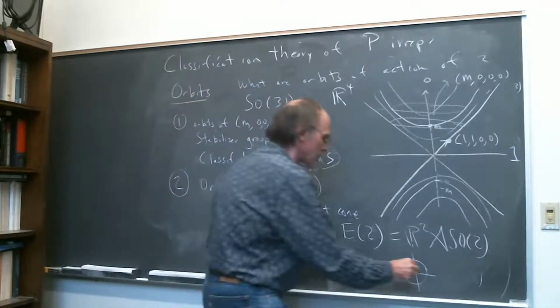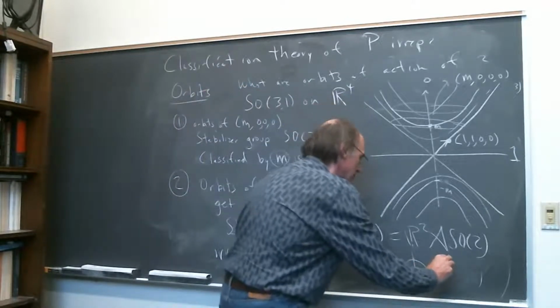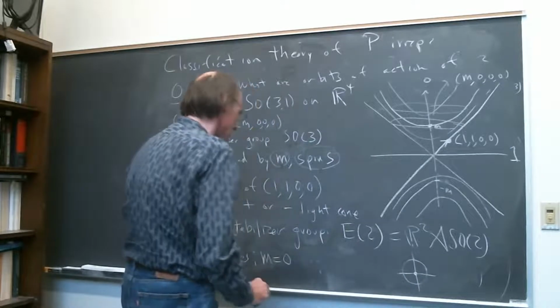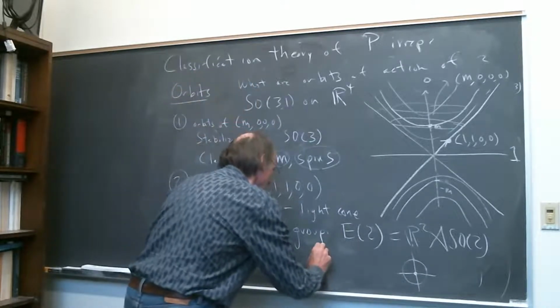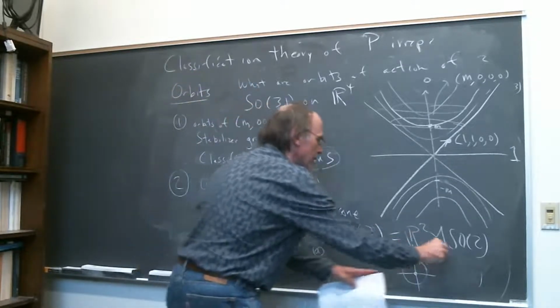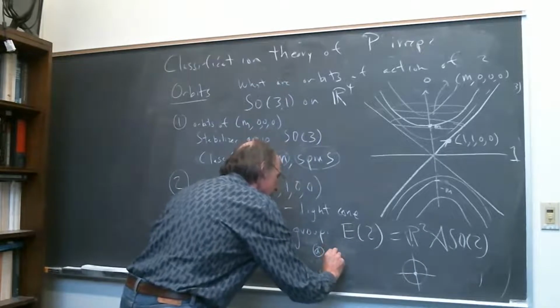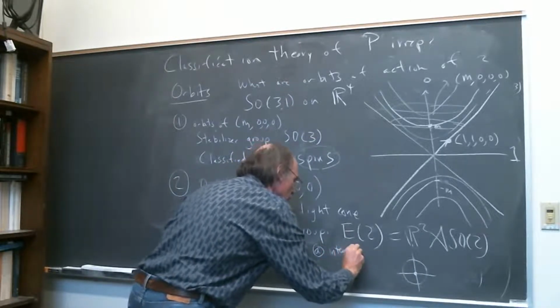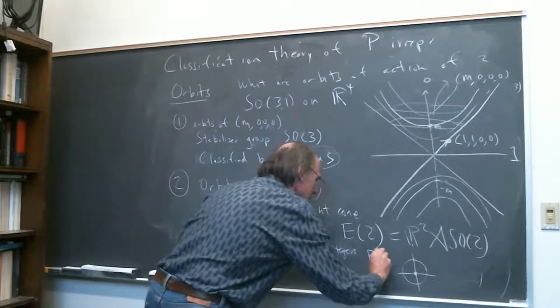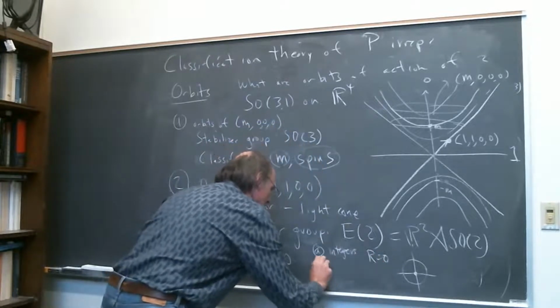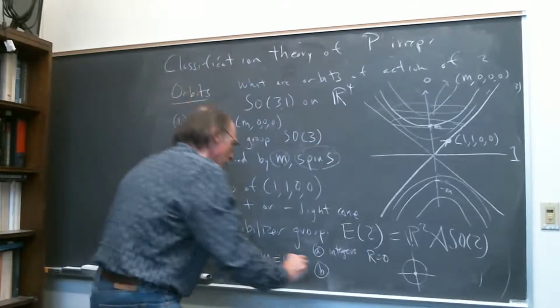So these were classified by, they're either A, let's take integers. This corresponds to the radius equal to 0 case, or B, r not equal to 0.